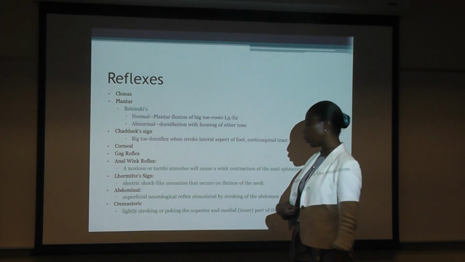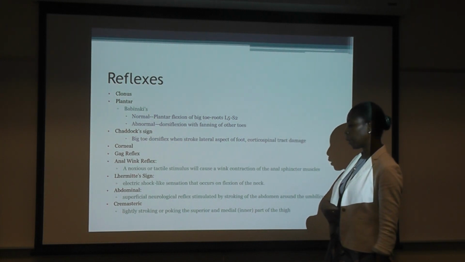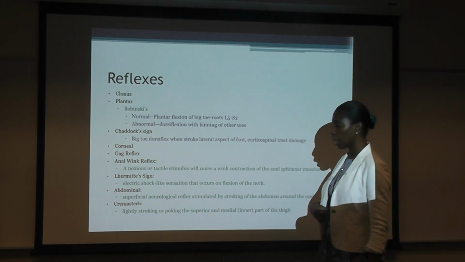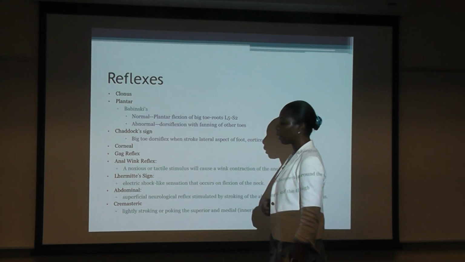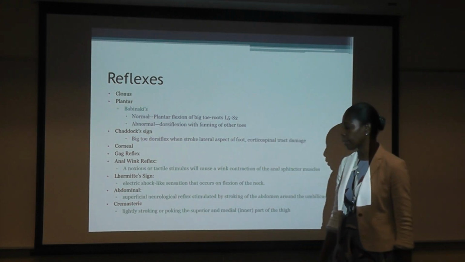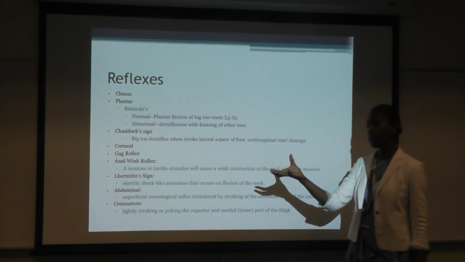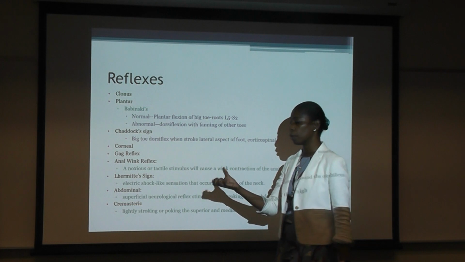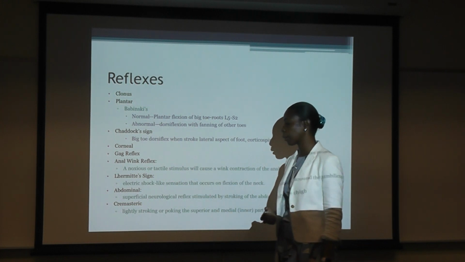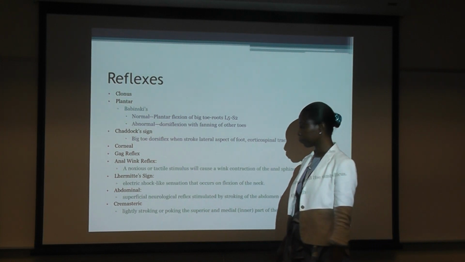Abdominal reflex, you're stroking the abdomen and you can see the area around the umbilicus contract, and you can see that in spinal cord compression. And the cremasteric reflex is directly stroking the medial aspect of the inner thigh, and you can see the scrotal sac contract, and that usually is spinal nerve root compression also.